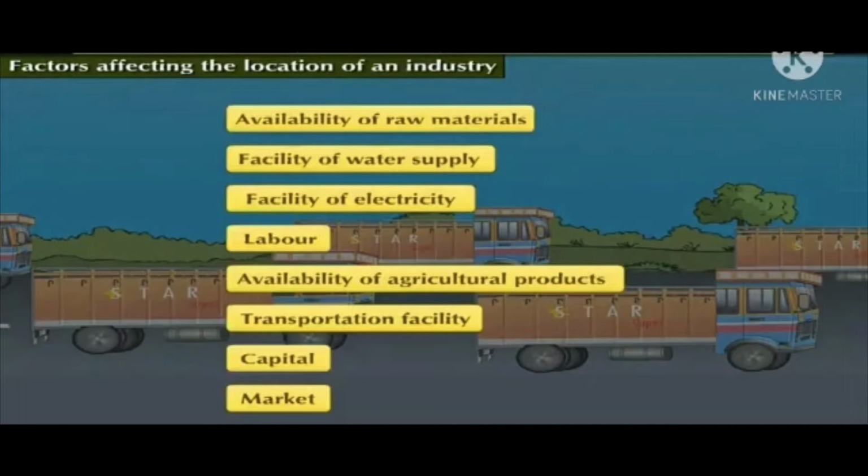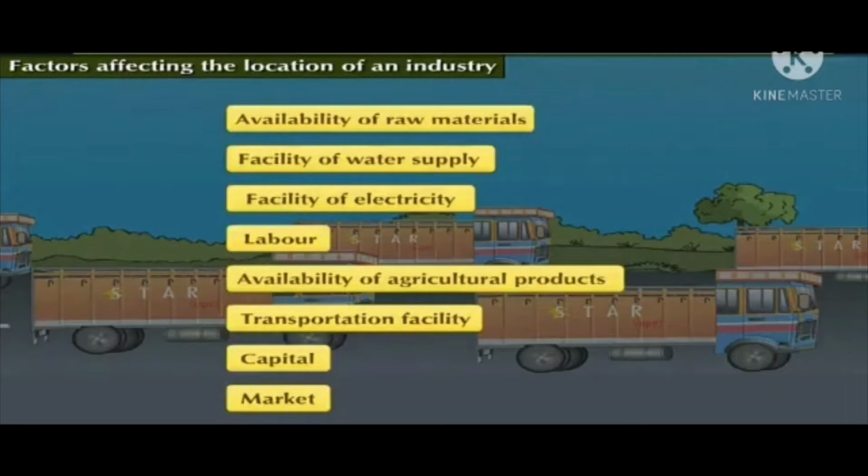As per the availability of these factors, specific industries develop. Because of the unequal distribution of these factors, industrial development does not take place at the same place or at all places.